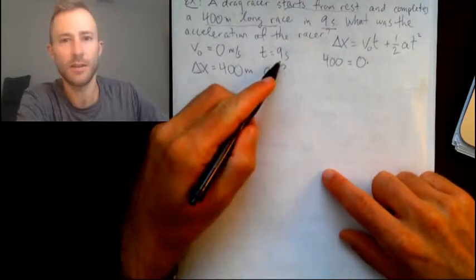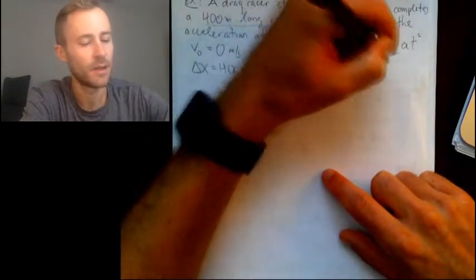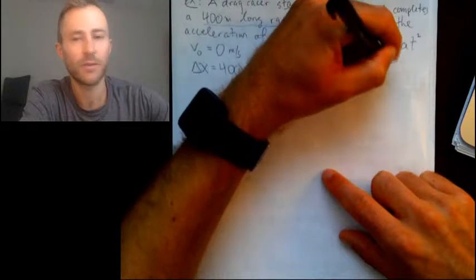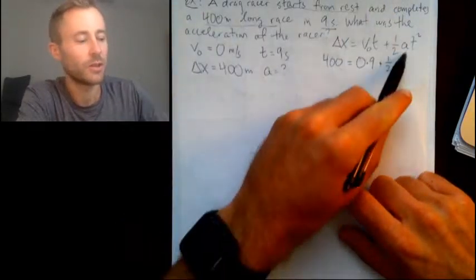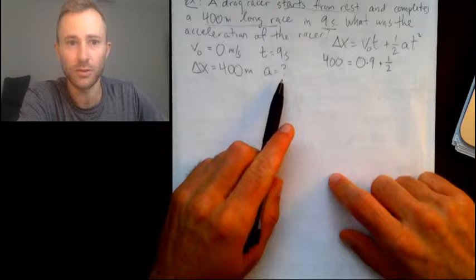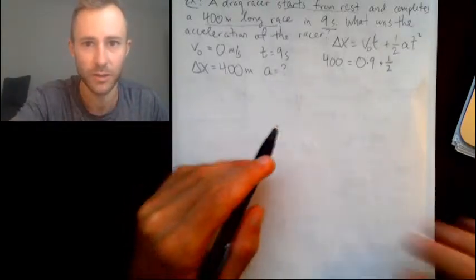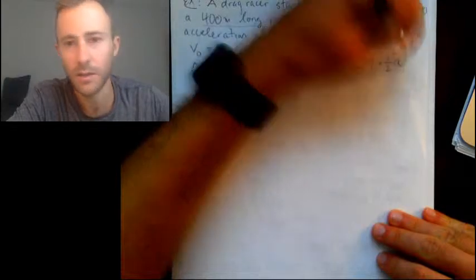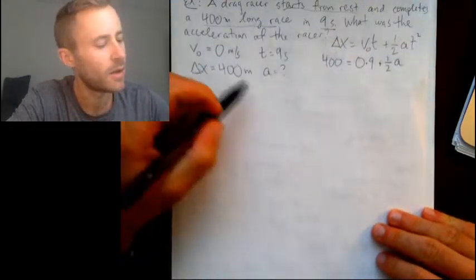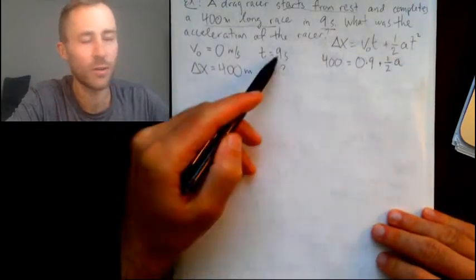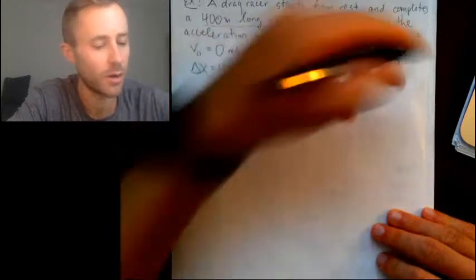Time is 9. Plus 1/2 times the acceleration. So the acceleration is an unknown. So the one that is an unknown, I'm just not going to replace. I will leave it as the variable. So a. And then t squared, so that would be 9 squared, which is 81.